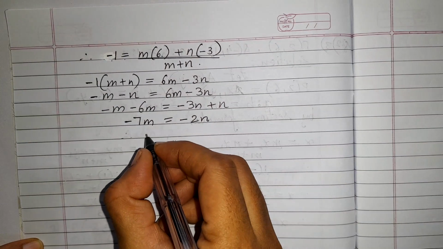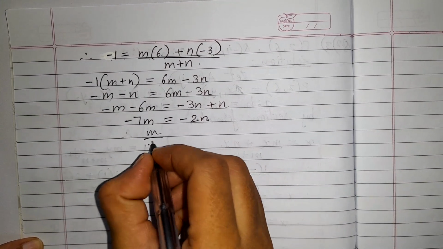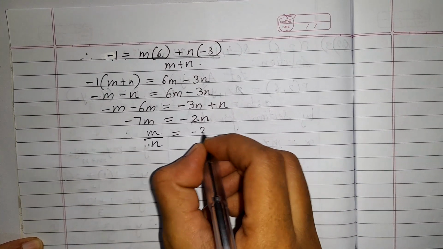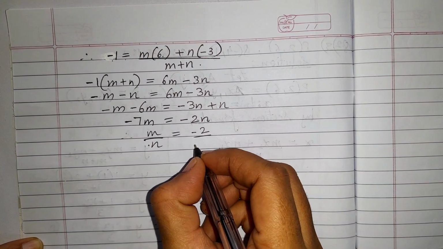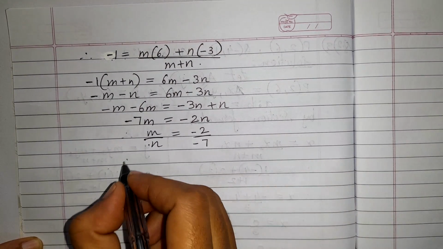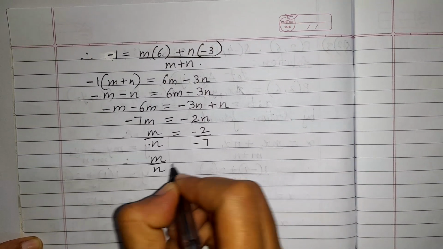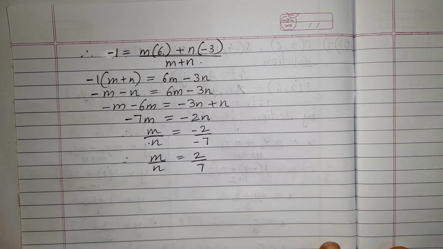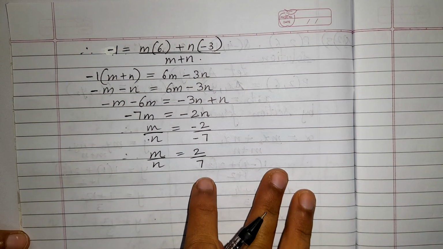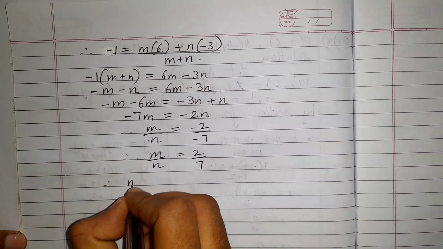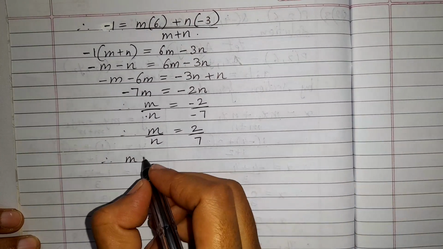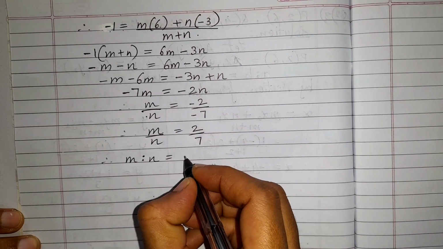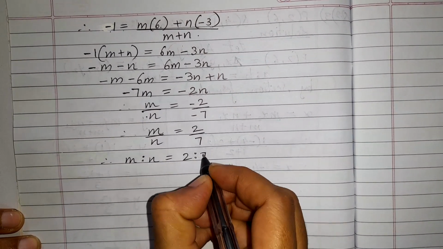Therefore m by n equals -2 by -7. Therefore m by n equals 2 by 7. We got the ratio. Therefore m is to n equals 2 is to 7.